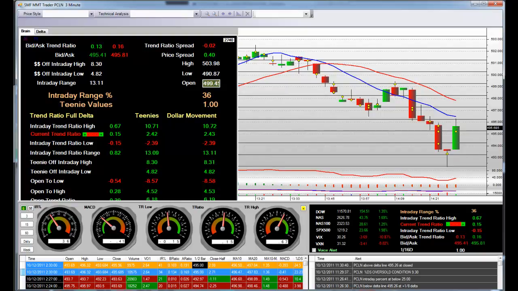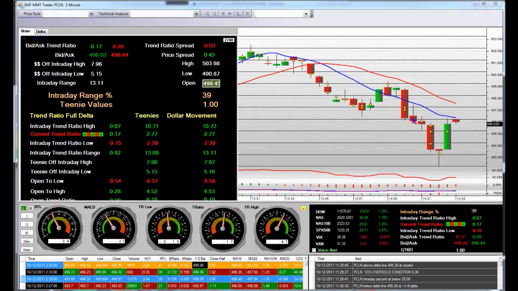Congratulations, MMTs. Do you see how it works now? Yes or no? And you're above 35 and you're at 16. Do you see that? You do? That's great. What I would like my MMTs to see here on that wonderful entry down at that bottom covering that short finally is that from this break teeny line down, it was 1 teeny, 2 teenies, 3 teenies, 4 teenies right to the penny.